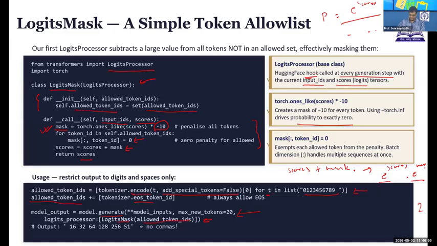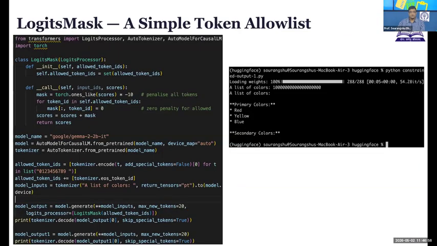I am just showing one piece of code here. You create this logits mask object, and an instance of this object will be used for masking the tokens. I have explained how you create the allowed tokens.